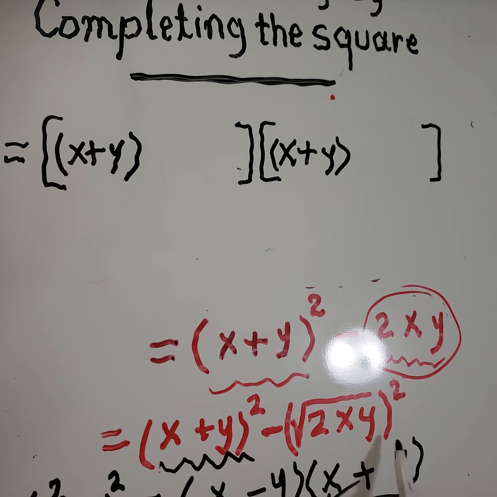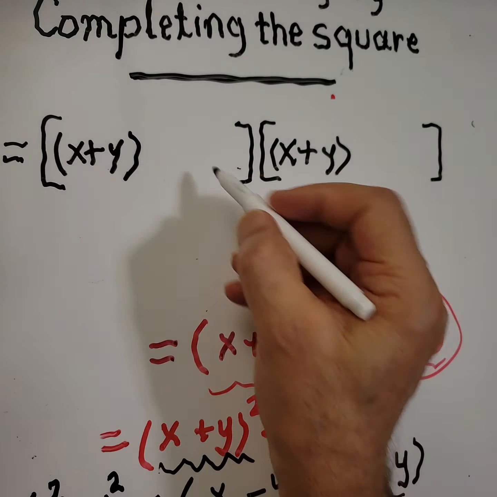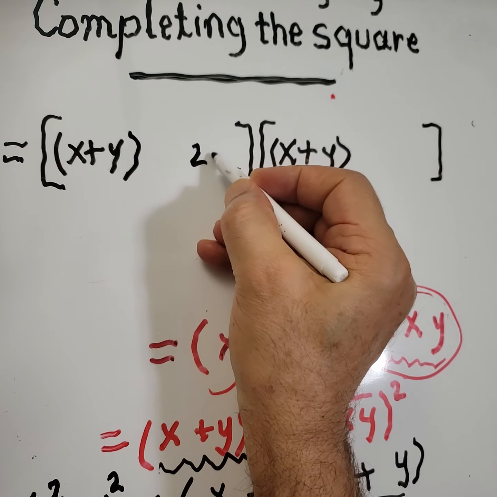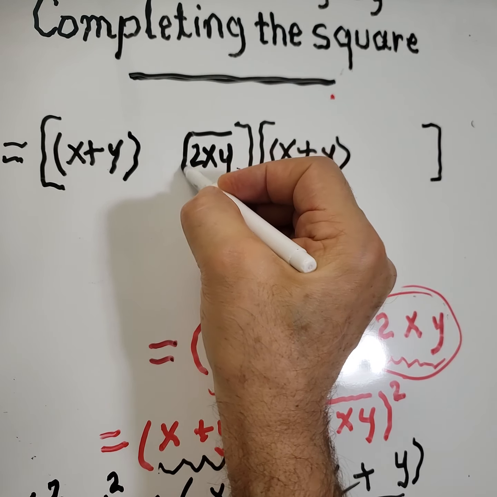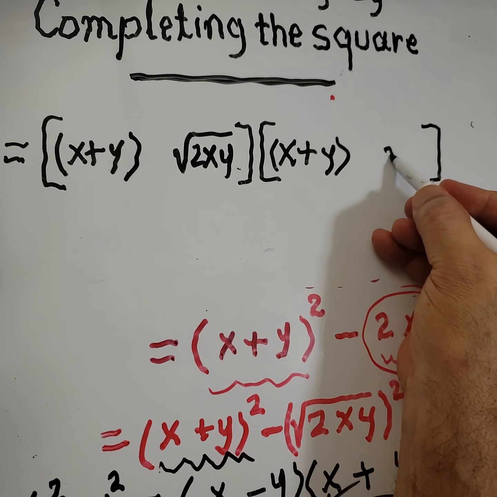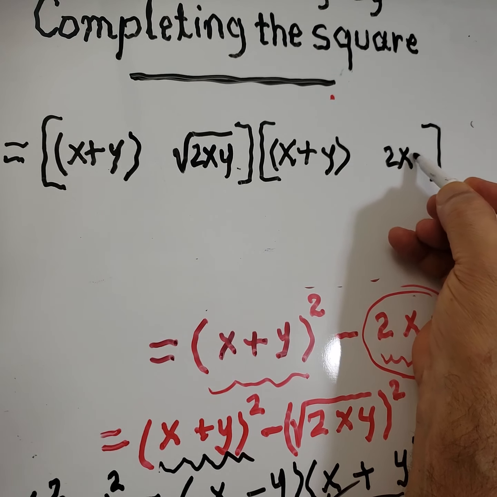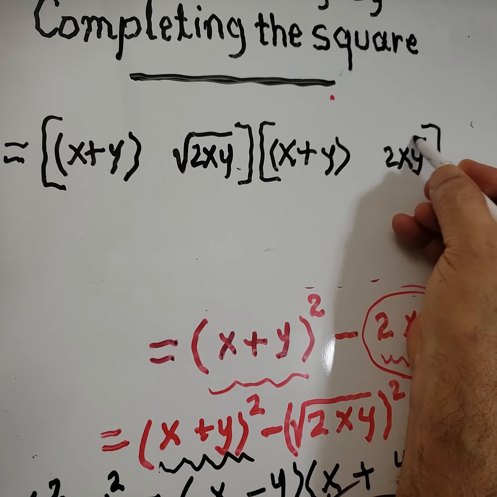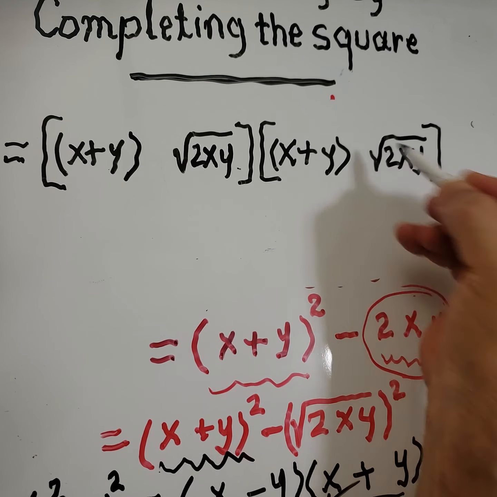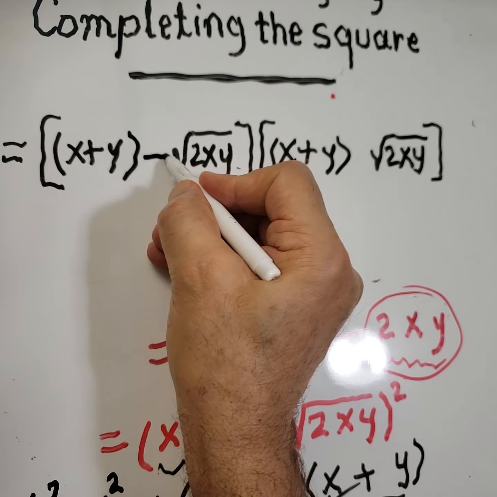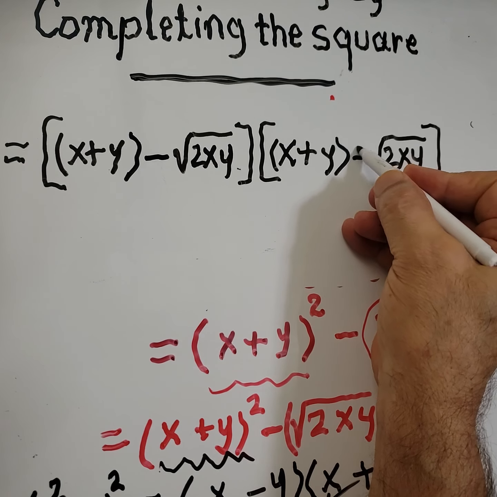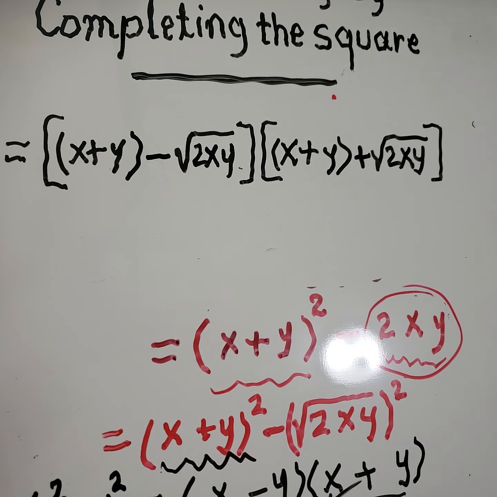And also what's here will be written 2xy under square root, 2xy under square root. And the signs negative and positive, that means a minus and a plus. That's it.